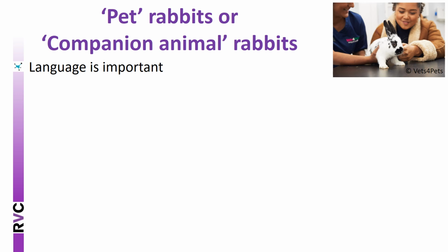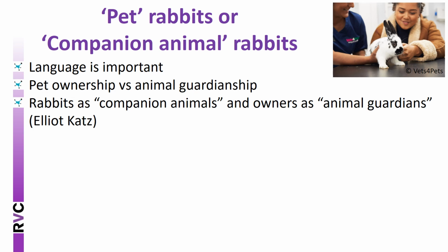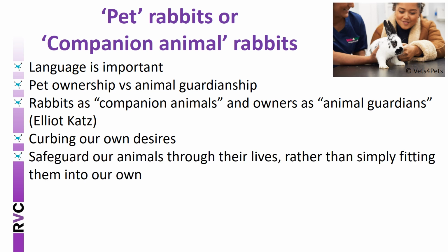I titled this talk with pet rabbits, but the reality is we should be moving away from the language of pet ownership and moving towards the language of animal guardianship. This follows lots of the thoughts of Elliot Katz, where we need to work away from considering our desires to own animals that are seen as cute and fluffy and move more towards meeting the needs of these animals.